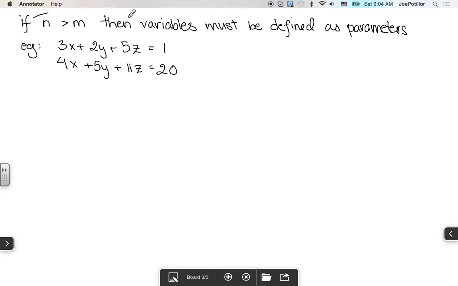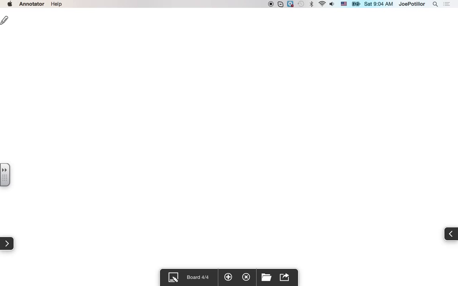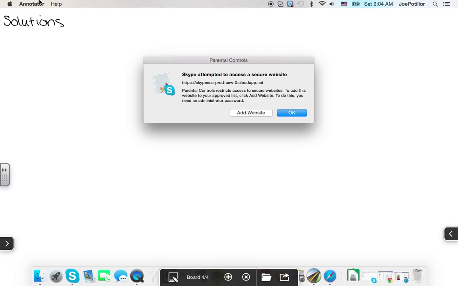So now that we've gone over the possible situations, let's go over how we find solutions to this equation. So we asked the question, how do we find solutions? Well, first we need to figure out a definition of solution that we can work with.